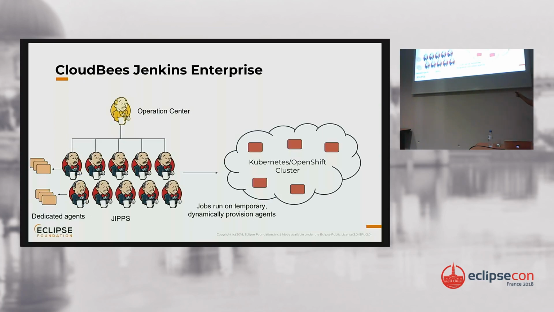Here we can define a namespace in Kubernetes and set up quotas on this namespace, and each instance will only have the permissions to create agents in this namespace. So it won't be able to create as many agents as it wants. At some point, Kubernetes will say, no, I cannot create any more agents. You have to wait for some resource to be freed.